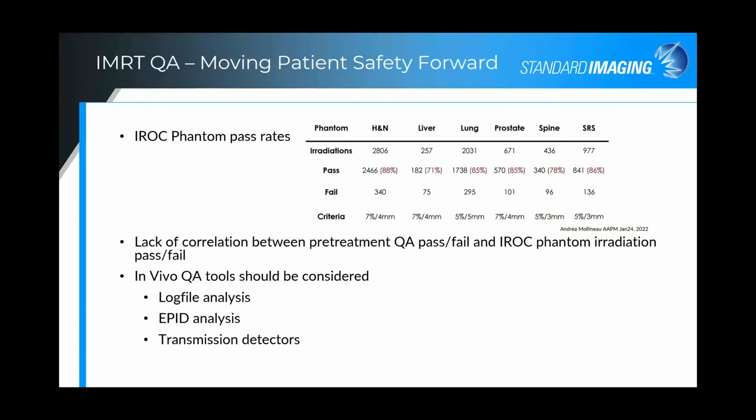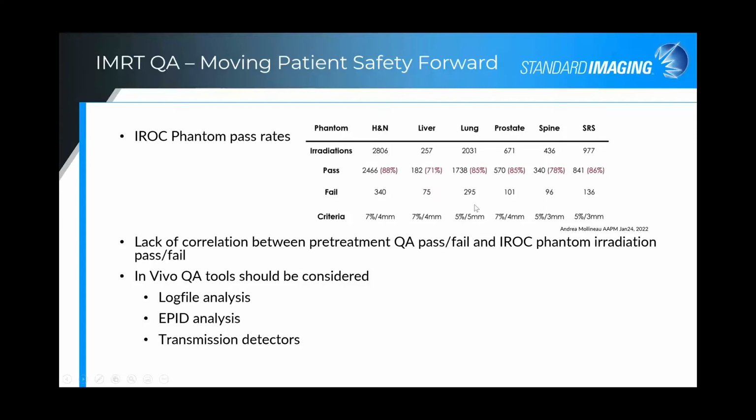Particularly interesting was an update from IROC Houston about their phantom pass rates, and I wanted to share it as presented at the conference. While this data compares much historical information, there are still relatively low pass rates, even if you look at just the past couple years worth of phantom irradiations.